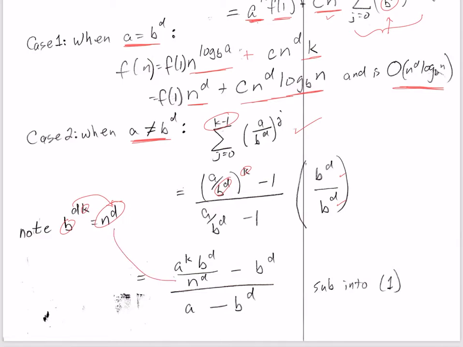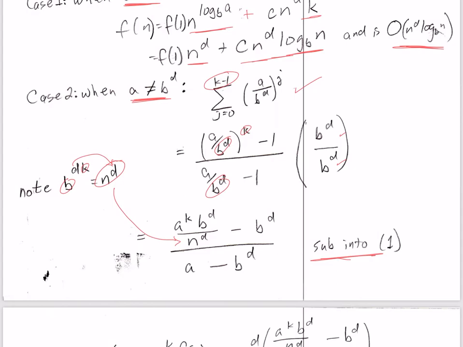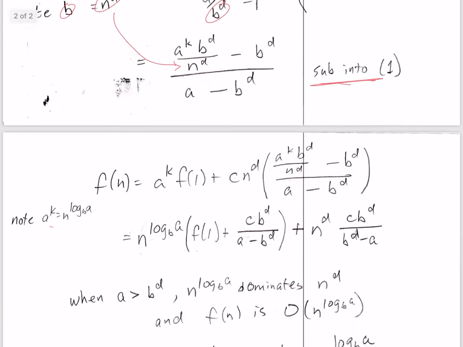Here's my n to the d here, and now you can see that every term has b to the d multiplied by it, or in this case it got canceled out. Now I'm going to substitute this expression for that sum back into 1, and I get my function in n is a to the k times my initial condition, plus c times n to the d times this expression for the sum.